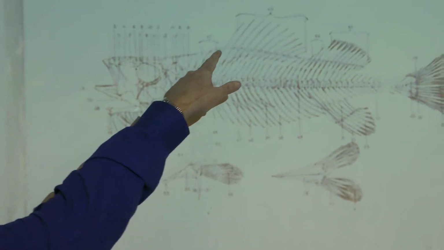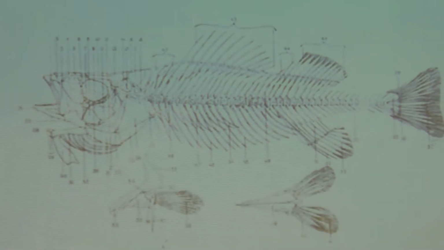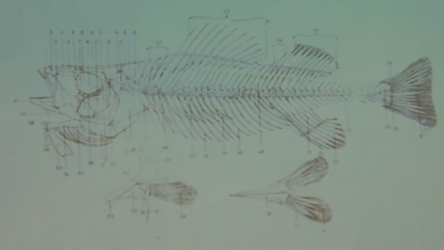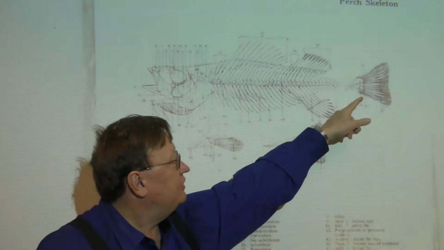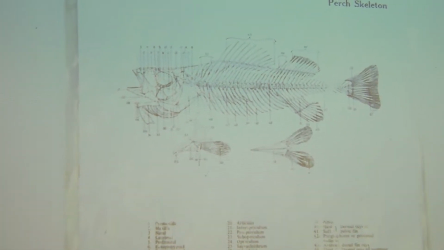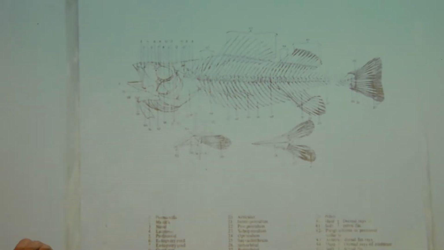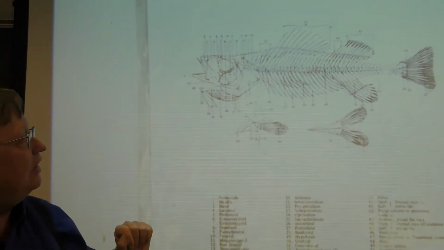Fish have fins that consist of several different things. First of all, there is a dorsal fin at the top that is just an extension of the ribs and the vertebrae. There is a caudal fin that is merely an enlarged set of rays or bony projections that go out into the tail.